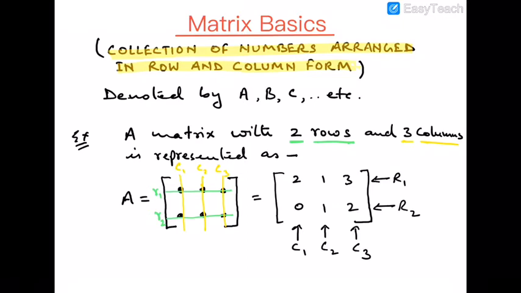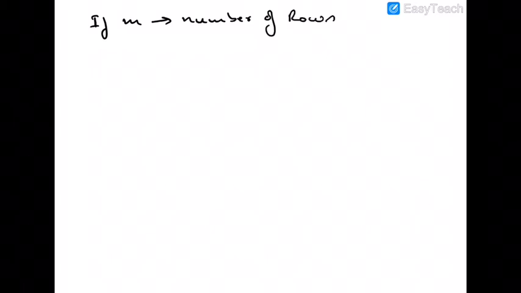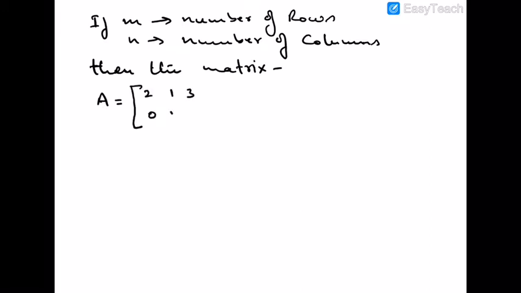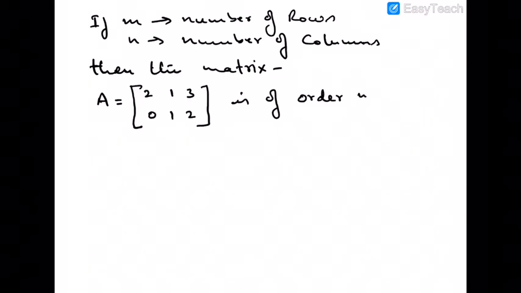Now if M represents number of rows and N represents number of columns, then the matrix A equal to 2, 1, 3, 0, 1, 2 is of the order M into N.